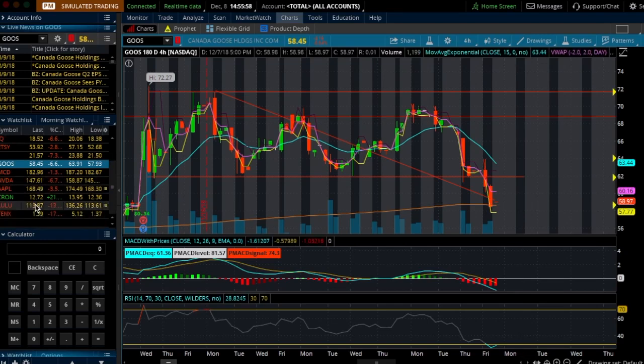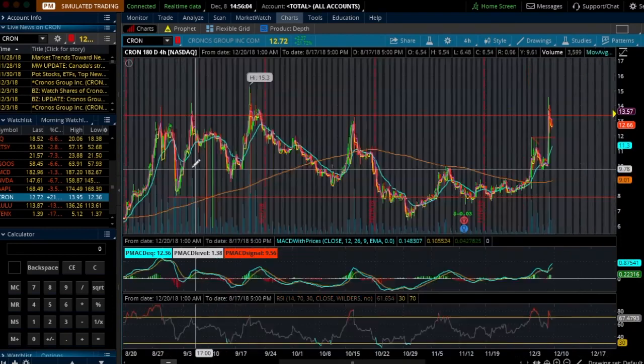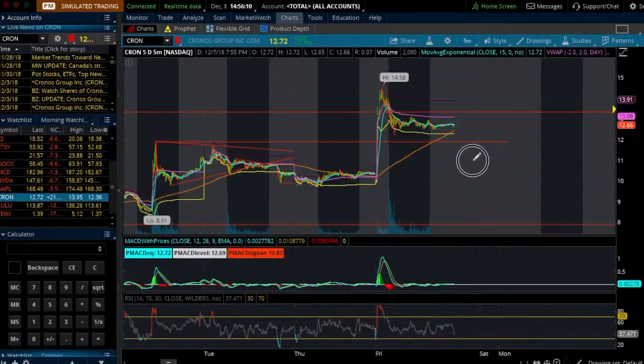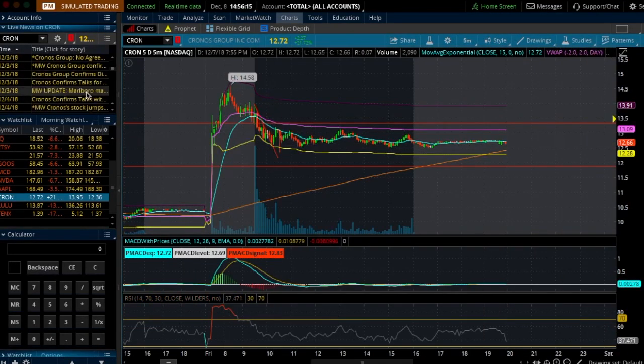Also, I was looking at Cron again, actually. So as you can tell, it gapped up and it hit highs of 14.57. This was pre-market on Friday, and it just did not hold those levels. It did sell off. It does have some pretty significant news about, I think it was Marlboro.